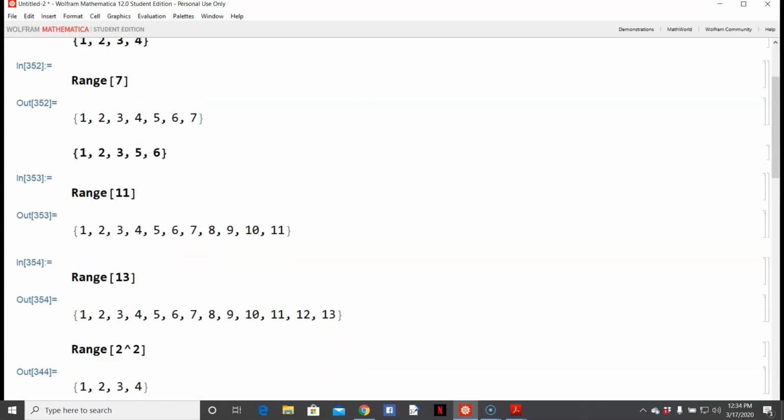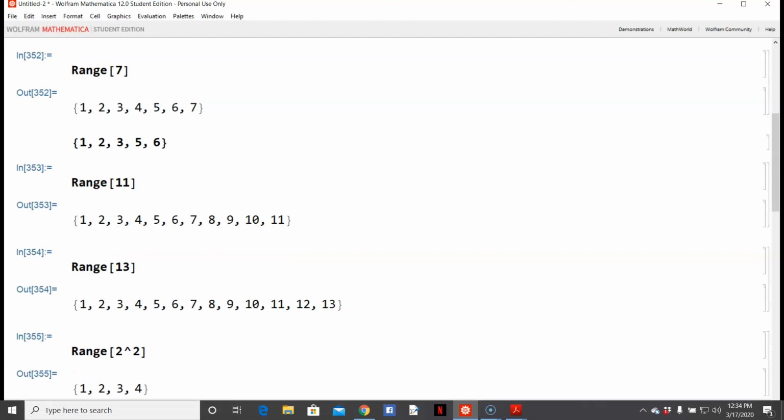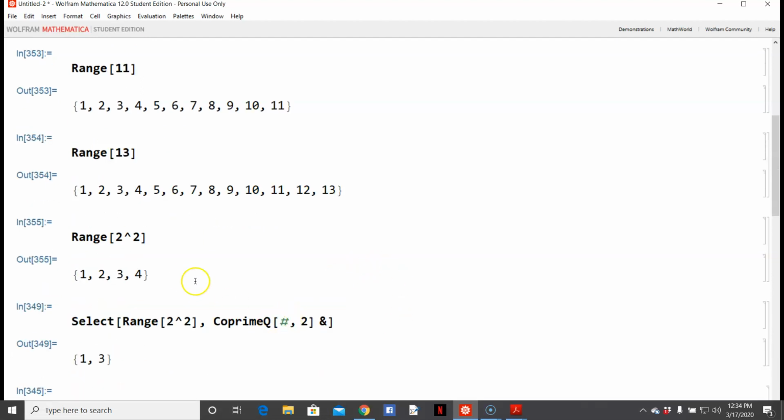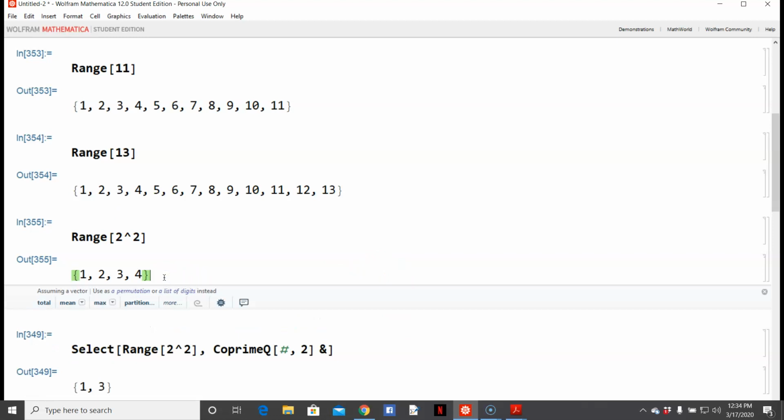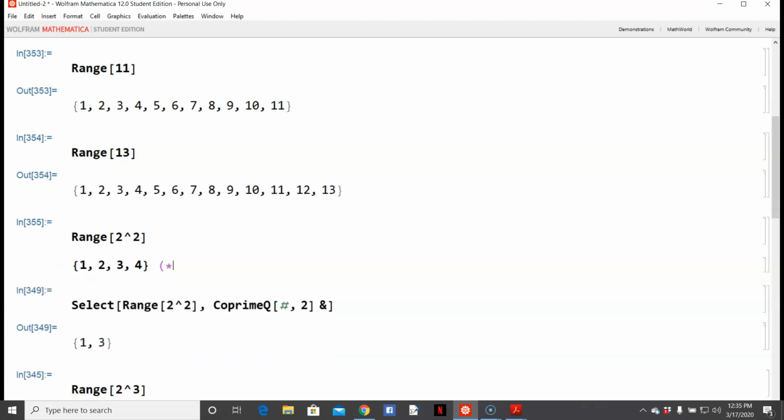So let's start with 2 squared. We're looking at the numbers 1 through 4, and we want to know which numbers are relatively prime to 4. Again, it's easier to see which numbers aren't and remove them.